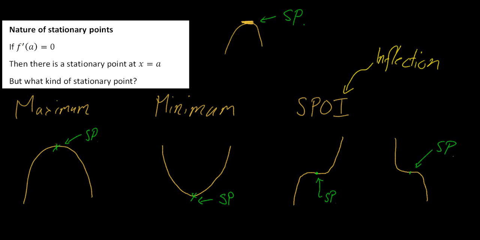The reason why I'm showing you all of these possibilities is because we can describe the nature of each of these stationary points, not just by inspection of its visual features, but by observing the gradient on either side of the stationary point.